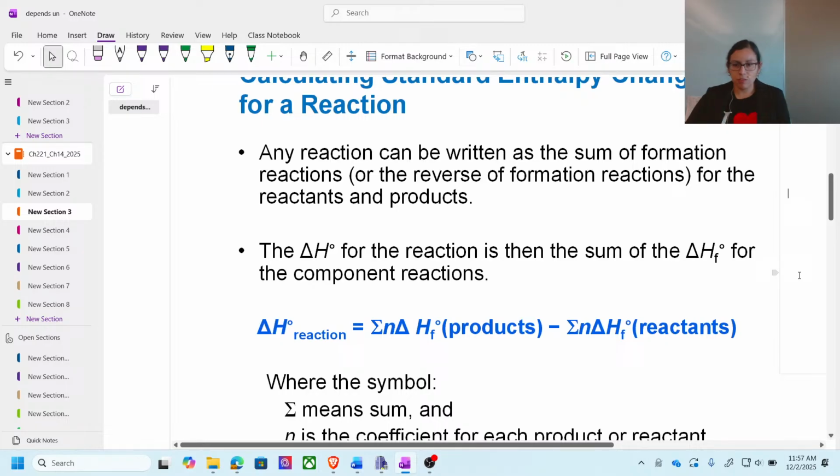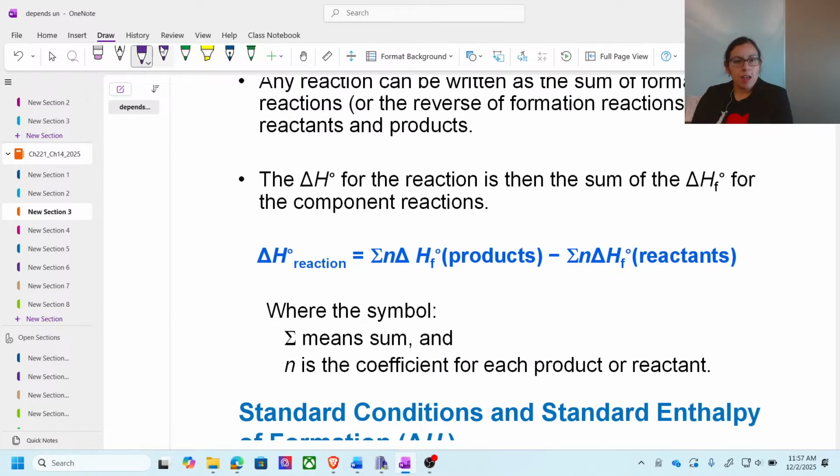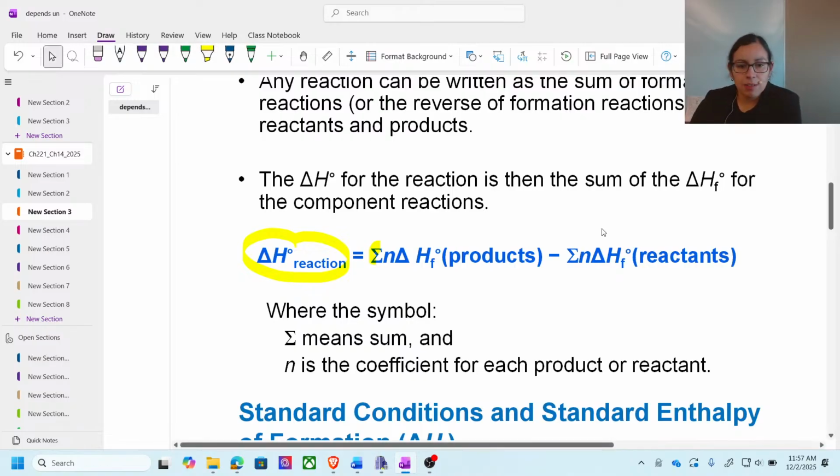Okay, so let's look at what this means. We have our change in enthalpy of our reactions, and this is our formula, but we'll break this down and write it as a summation. We want to take the sum of our standard heat of formation of the products, and we'll look at where to get this value and what that means, minus our standard heat of formation of all our reactants, and that gives us the overall change in enthalpy for our reaction.